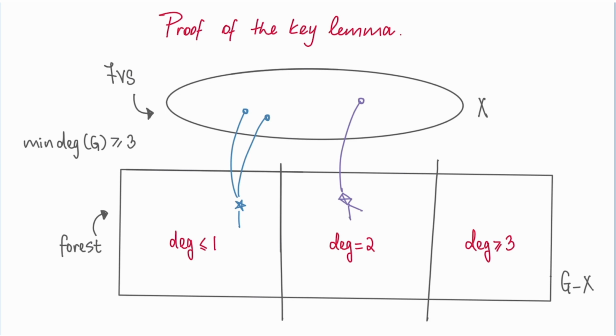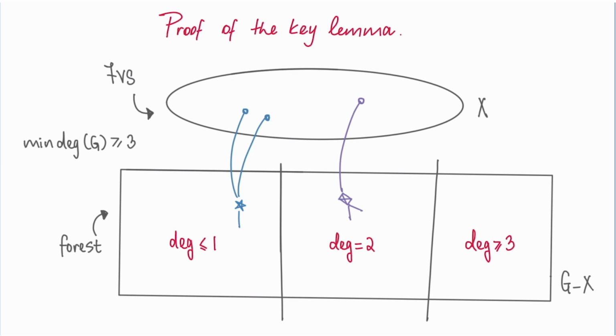And in fact, instead of working with the number of edges in the forest, let's work with the number of vertices in the forest, because that's just going to be slightly more convenient, and it's again good enough, because in fact the number of vertices in a forest is anyway more than the number of edges. Remember that in a forest the number of edges is at most n minus 1. So if we show that the number of cross edges is more than the number of vertices in the forest, then anyway we have that the number of cross edges is more than the number of edges in the forest.